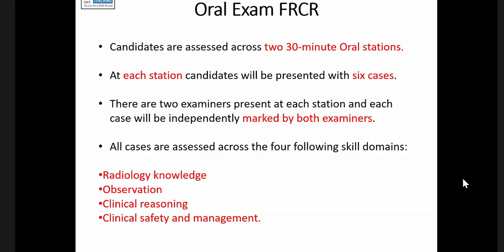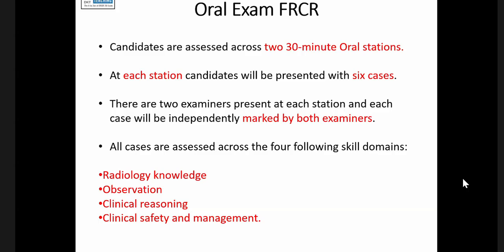So let's revise what has happened from June 2025. The last exam, June 2025, was only for UK candidates, including IMGs or NHS workers, but I think nobody from overseas participated. So for your exam, it will be a good revision.